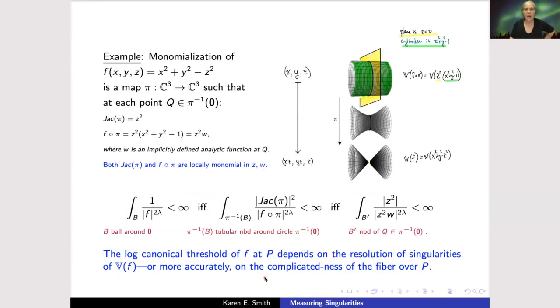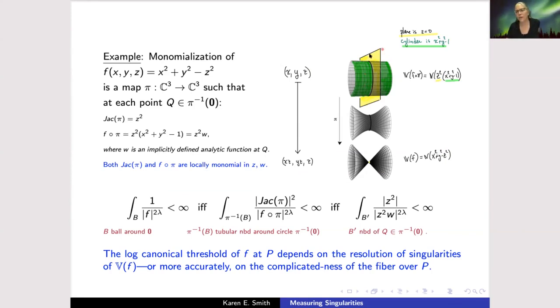So on this page, I'm showing you a monomialization of the cone. And you see, here's the map from Cn, this is a chart of the space X from before. And if I pull back F, my polynomial x squared plus y squared minus z squared, it becomes factors. What I'm drawing in the picture is the zero set of the pullback of F. We see the cylinder, which is our resolution of singularities of the cone.